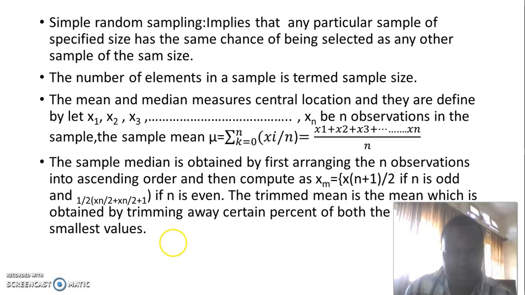Whereas if you also remove the smallest values and use the remaining values to compute the mean, the result you get is still termed the what? The trimmed mean.